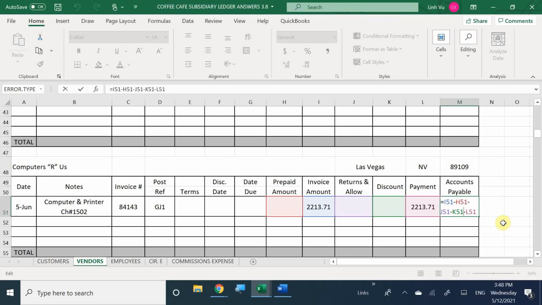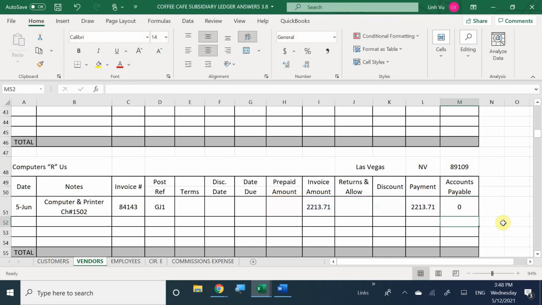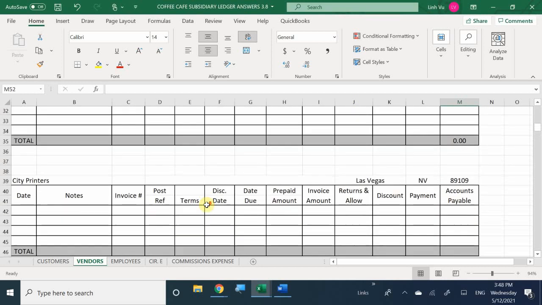Okay, and then the accounts payable is the invoice amount minus prepaid minus return or minus a discount, and also the payment. Okay, got it. So you should reflect that your accounts payable, the amount that you owe to a vendor, is nothing because you paid at time of purchase. Okay? Right? All right, excellent.